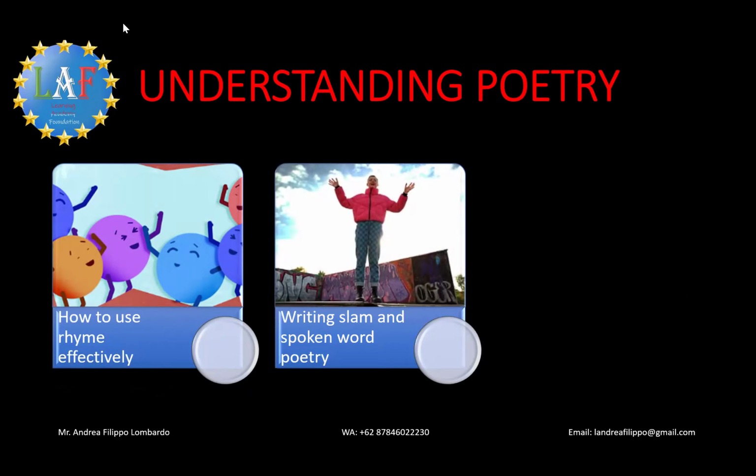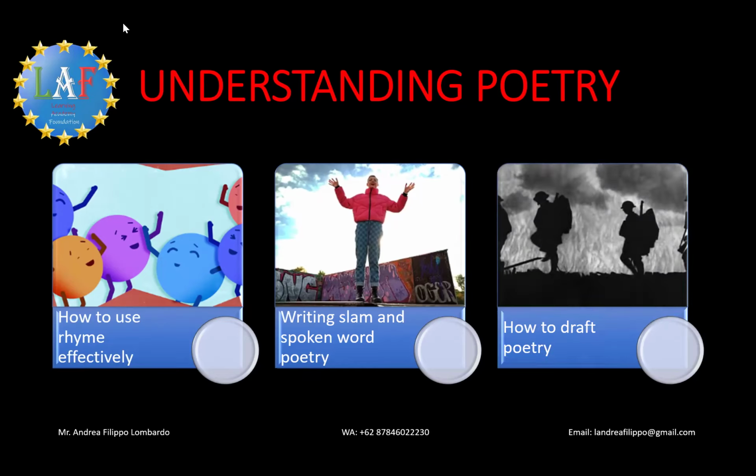Slam poetry or spoken word poetry is an art form that lets them put across their point of view and express their emotions using the power of words, rhythm, and rhyme. And finally, they will discover how they can draft their own poetry using examples from Wilfred Owen's Anthem for Doomed Youth.